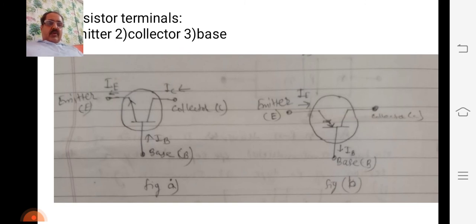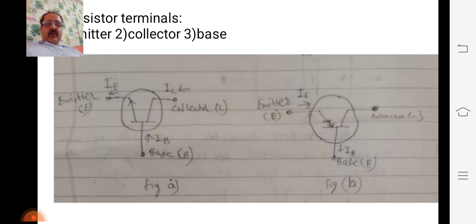These constitute the emitter current I suffix E. As these electrons flow through the P type base, they tend to combine with holes, as the base is lightly doped and very thin.